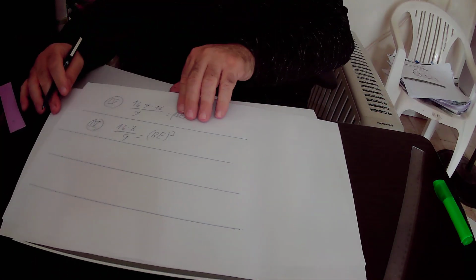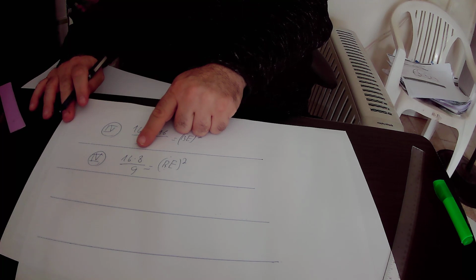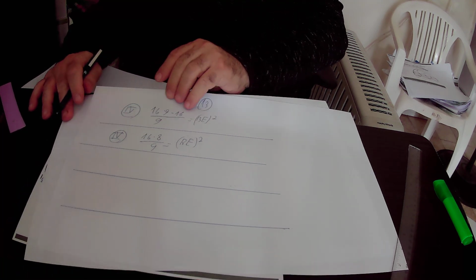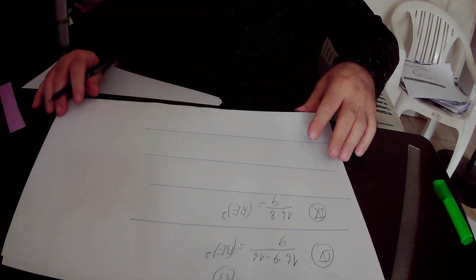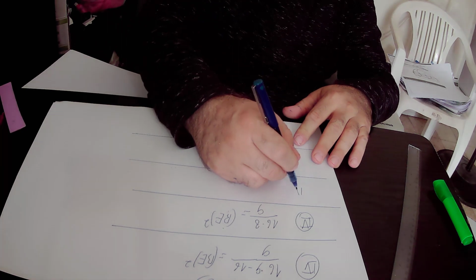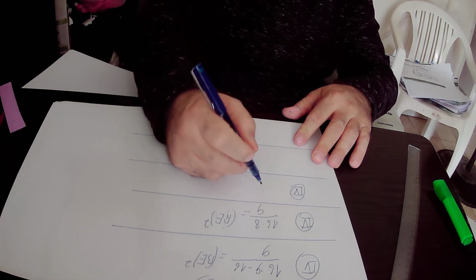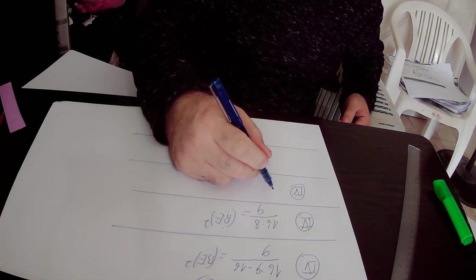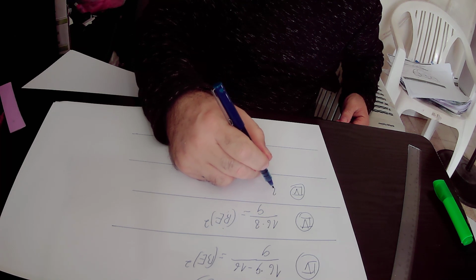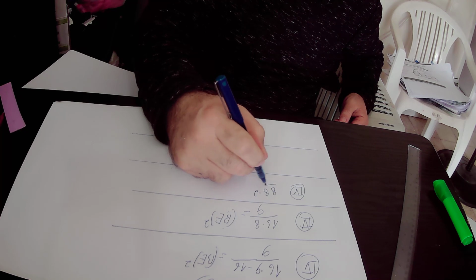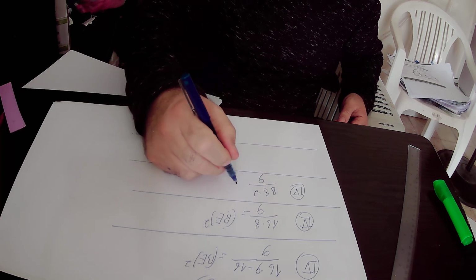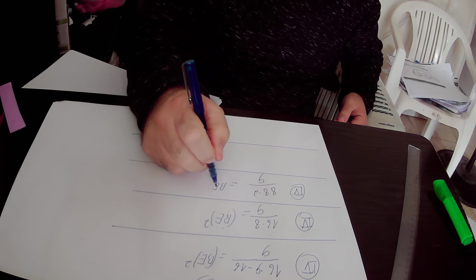Here 16 is 8 times 2, so I will substitute 16 by 8 times 2. And we will get 8 times 8 times 2 over 9 equals BE square.